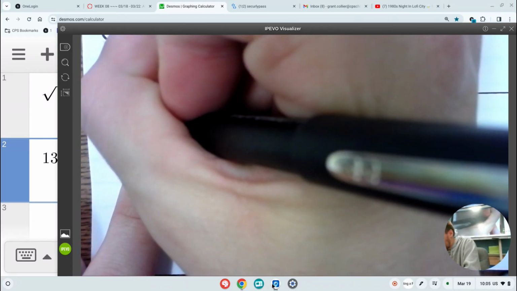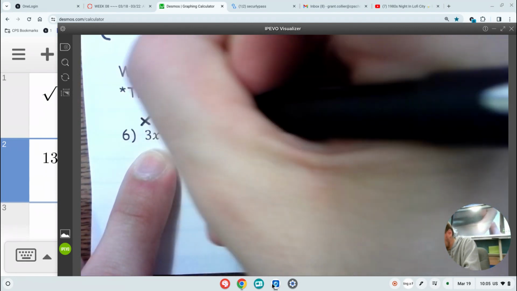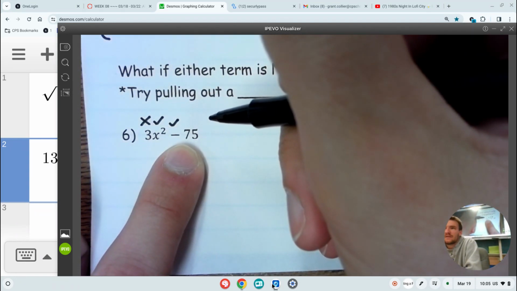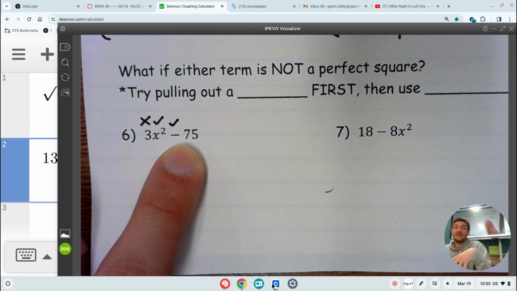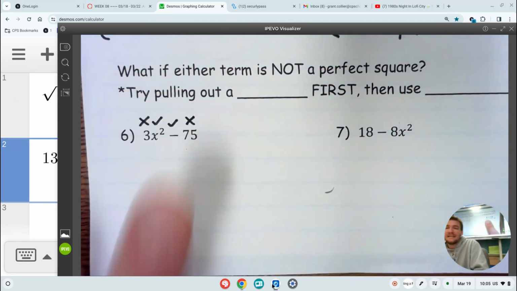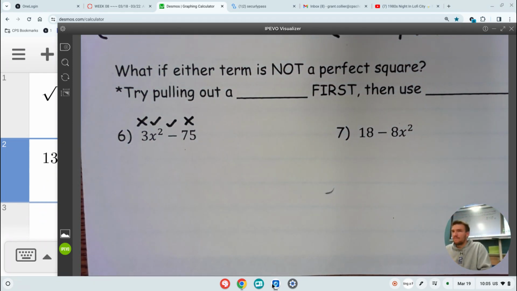No. But x squared is good and minus is good. Is 75 a perfect square? No. We actually already said earlier, there's not a single 70s number that is. So 75 is no good. So our difference of squares will not work. You cannot do the parentheses. You cannot do the minus plus. This is a failure.